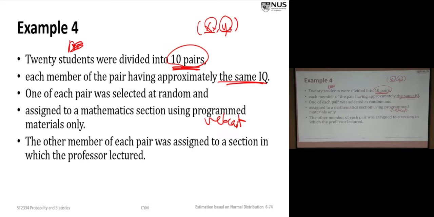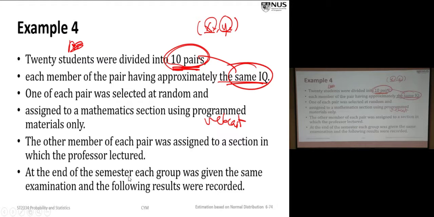The difference may be due to different teaching methods because they have the same academic ability. So that's the idea of using this paired data. Each one in the pair is supposedly equally good academically, so same IQ.